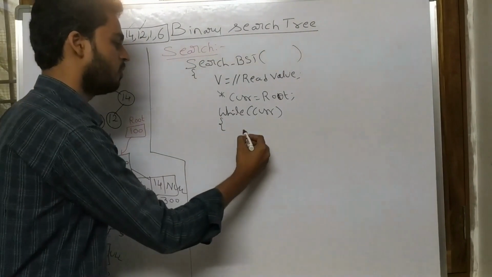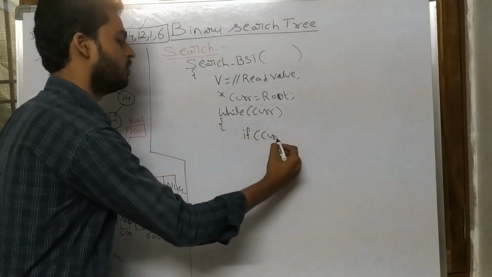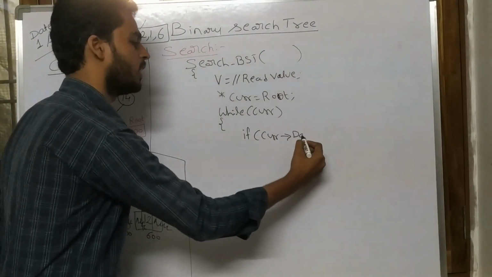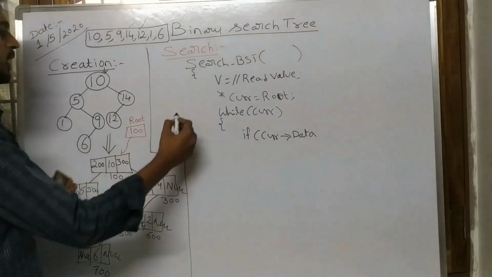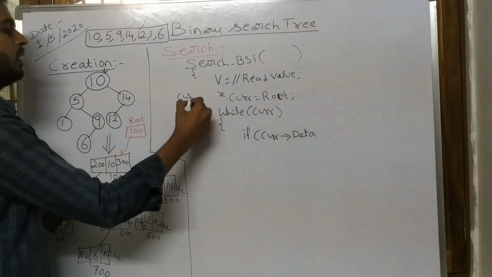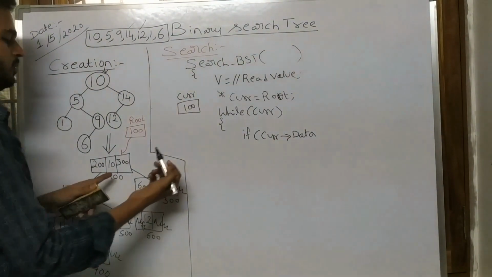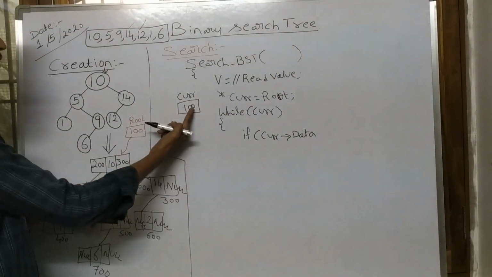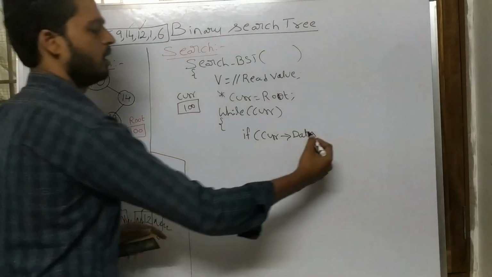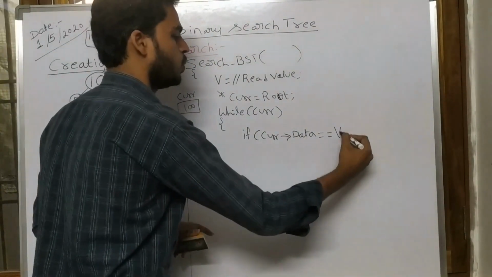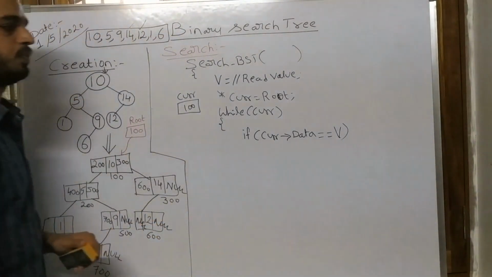So for that, if current->data. Current contains what value? Current contains the address 100. If current->data, 10, is equal to the corresponding value.